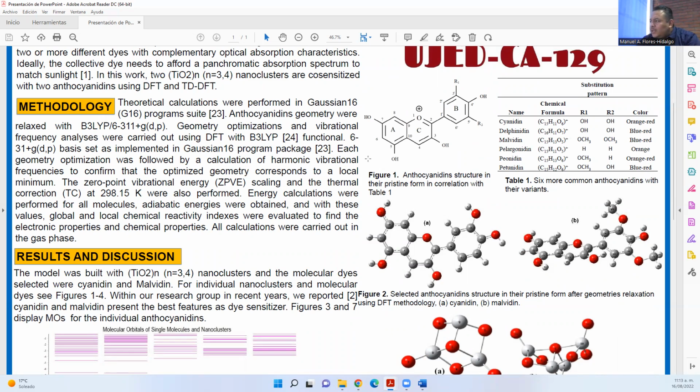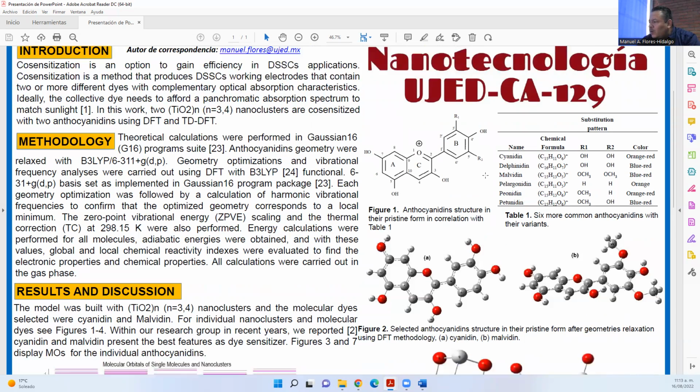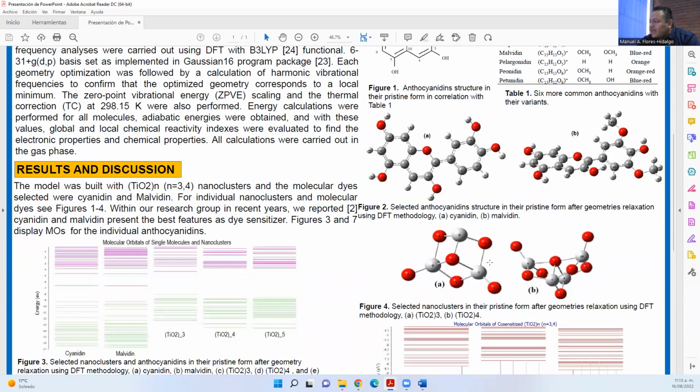And what we did is work with titanium dioxide in its nanocluster presentation, using a 3 titanium dioxide units nanocluster, as shown in figure 4, letter A. And in letter B, we see a second nanocluster, which is formed by 4 titanium dioxide units.